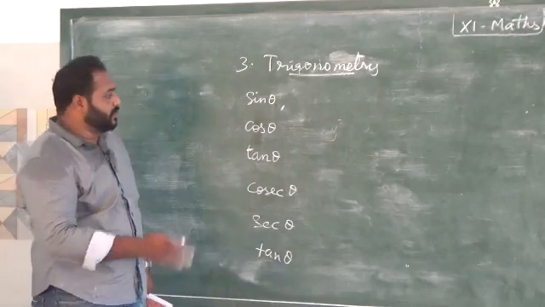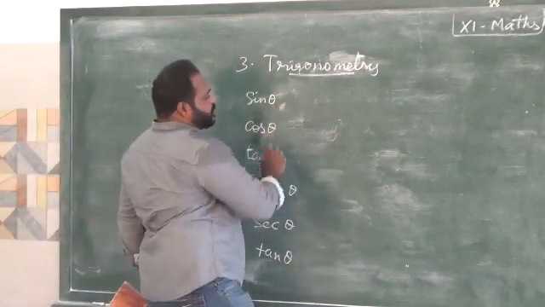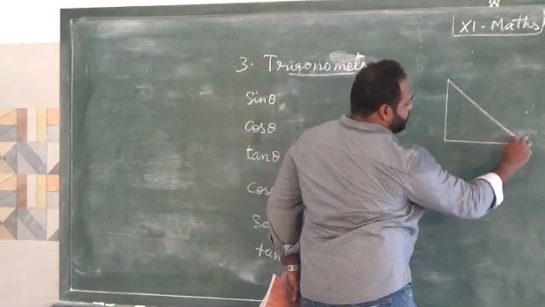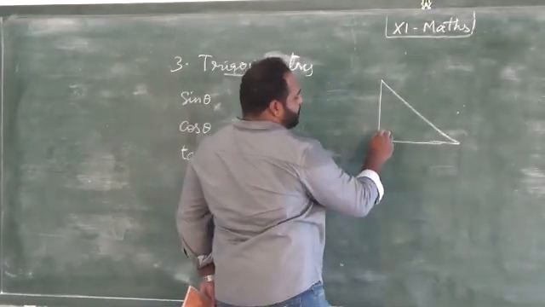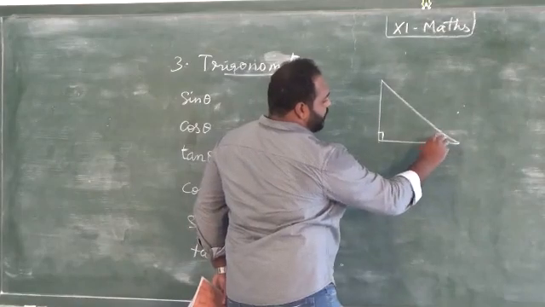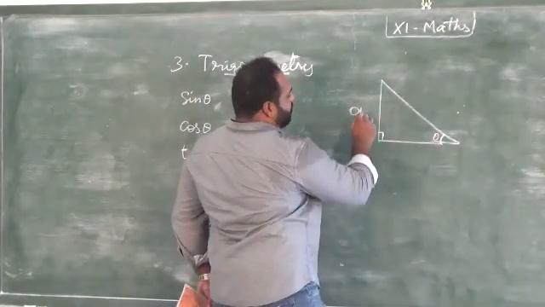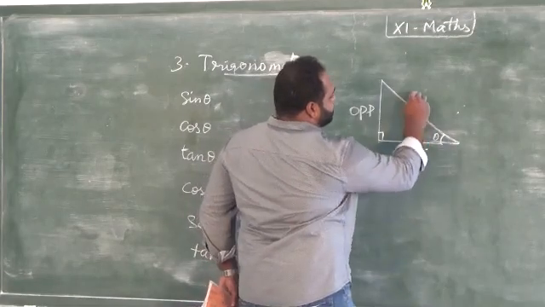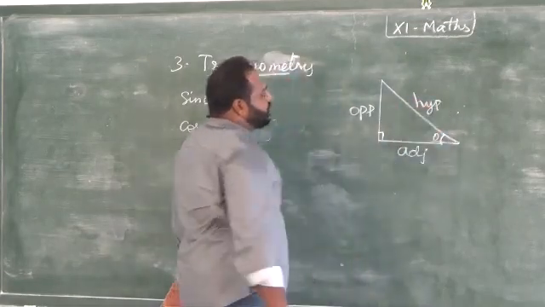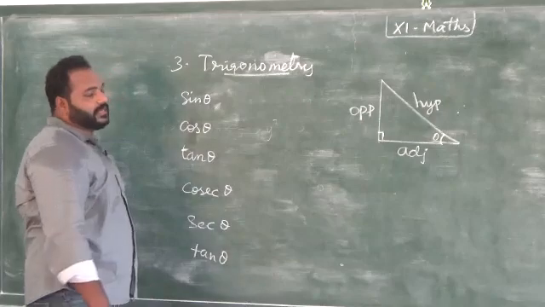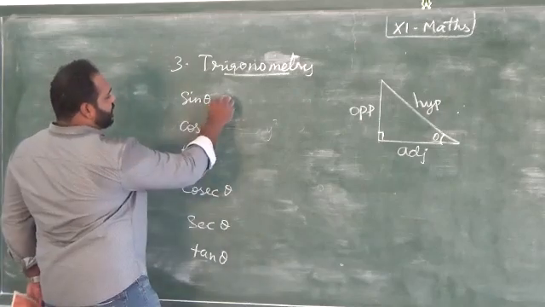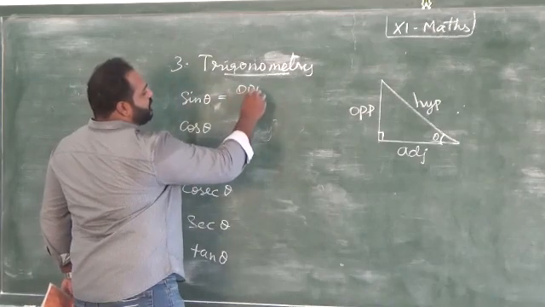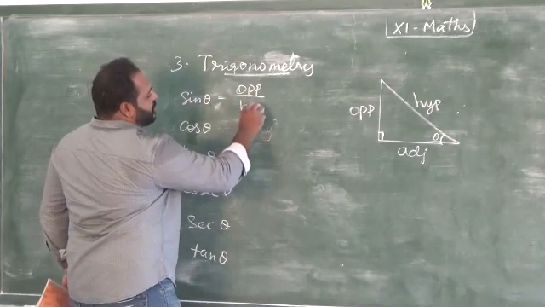From the right angle triangle only we can learn these ratios. This is the 90 degree angle. This is theta, this is opposite, this is adjacent side, this is hypotenuse. These 3 sides we know very well. So sin theta can be written as opposite by hypotenuse.